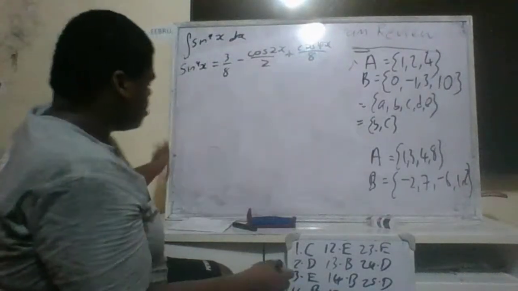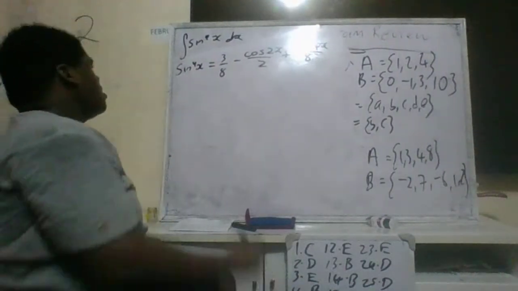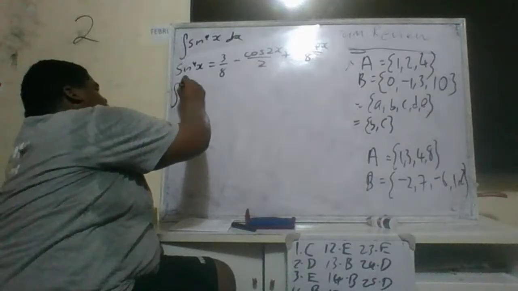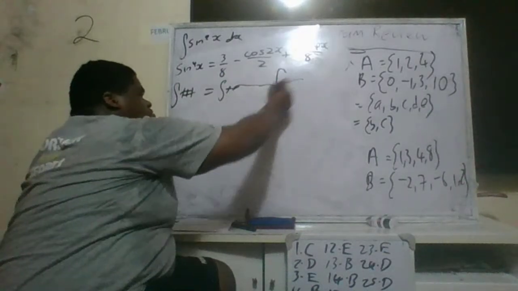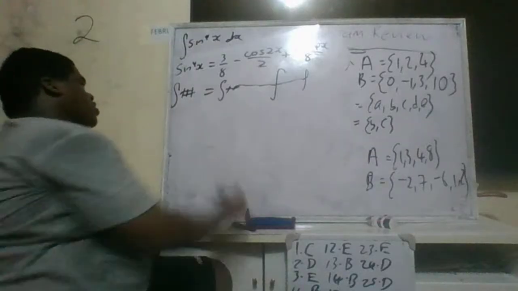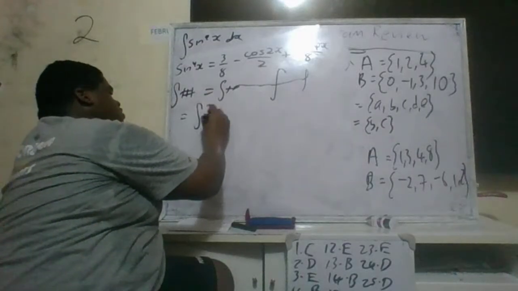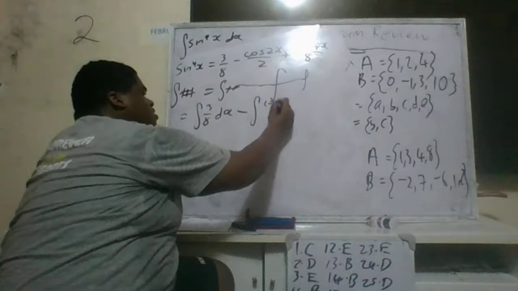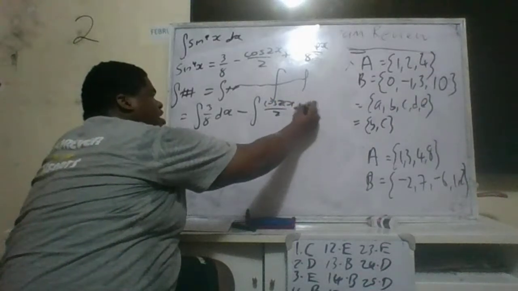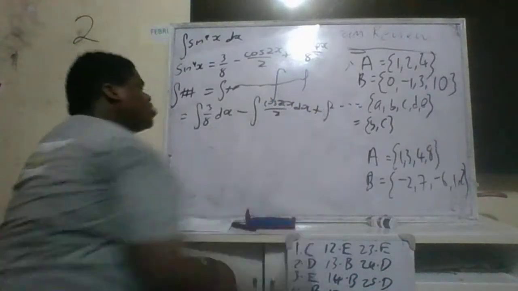Now we can find the integral that we're looking for. I take the integral of both sides. It will be the integral of 3 over 8 with respect to x, minus the integral of cos 2x over 2 with respect to x, plus the integral of the last term, but we don't need any of that.